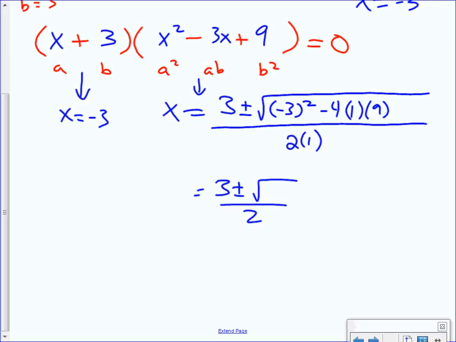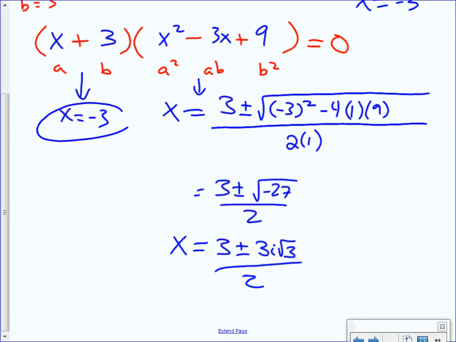So 9 minus 36. What is it? Negative 27. Right. And we know that negative 27 needs to pull the i out first of all. 3i root 3 over 2.